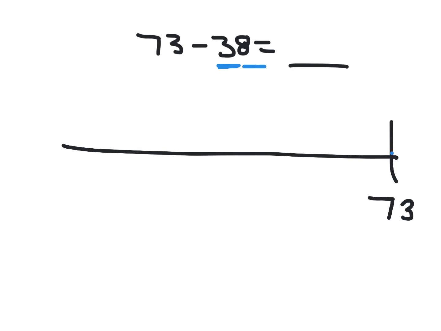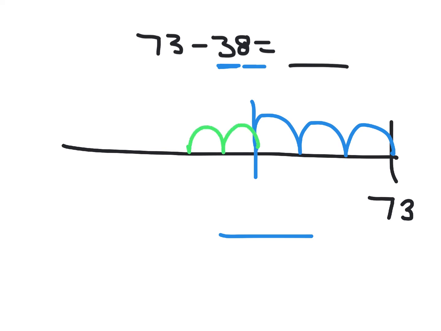So I'll come to 73 and first start with 3 tens. 10, 20, 30. I'll stop there to write down that number. Then I'll jump back 8 ones. 1, 2, 3, 4, 5, 6, 7, 8. Almost ran out of space there.